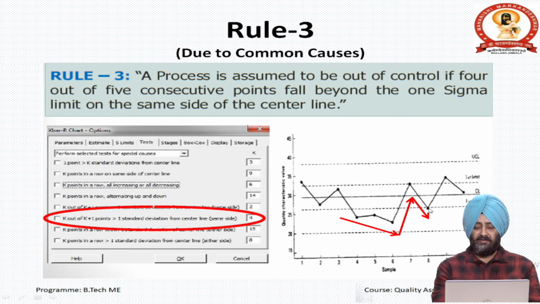The 5th point is coming right onto the 1 sigma limit again. So we have 1, 2, 3, 4 points out of 5 points. We have 4 points out of the limit, or you can say out of zone C, or out of the plus minus 1 sigma limit. So you can easily predict, yes, the process is out of control.